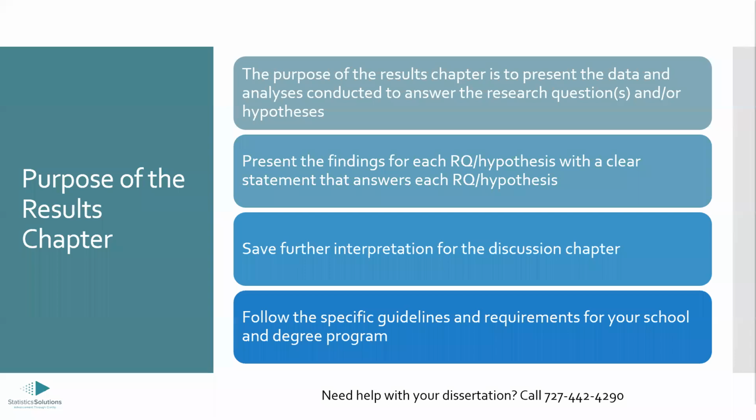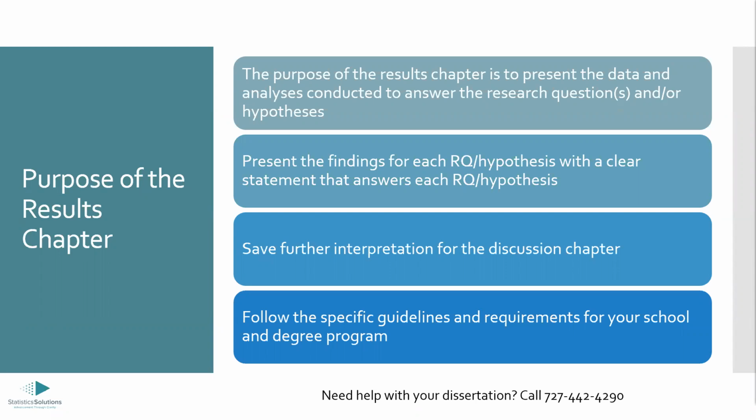So first, let's talk about the purpose of the results chapter and why it's important to your dissertation. The purpose of the results chapter is to present the data and analyses conducted to answer your research questions and hypotheses. The previous chapters of the dissertation, namely the introduction, literature review, and methodology chapters, set up the why and how of your research.